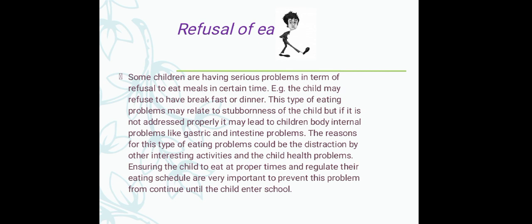The reason for this type of eating problem could be the distraction by other interesting activities and the child's health problem. Ensuring the child eats at the proper time and regulating their eating schedule are very important to prevent this problem from continuing until the child enters school.